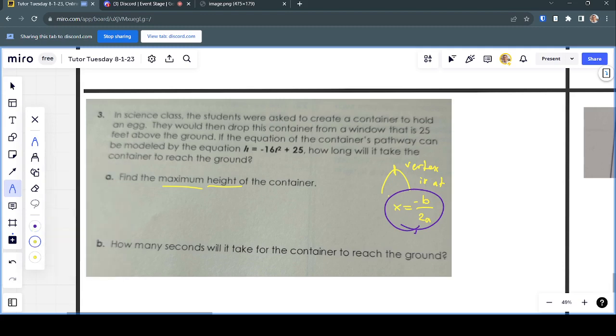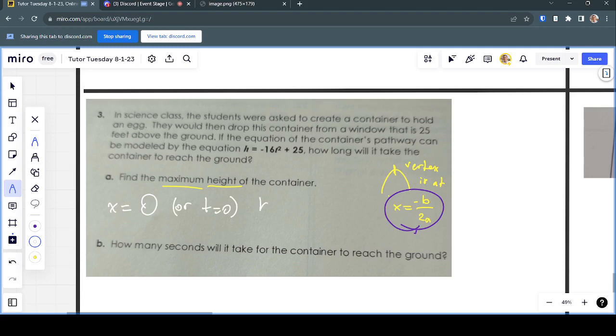So, to find the vertex, x equals negative, there is no b term here. So the vertex actually is at t equals 0.